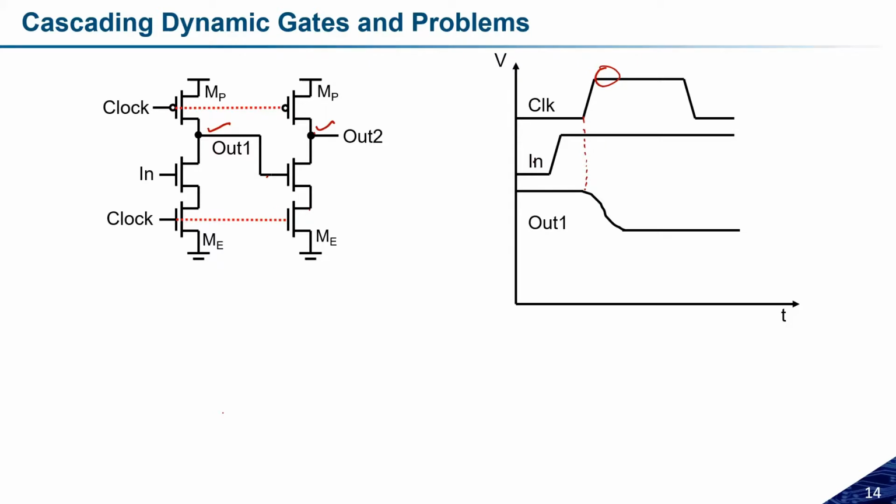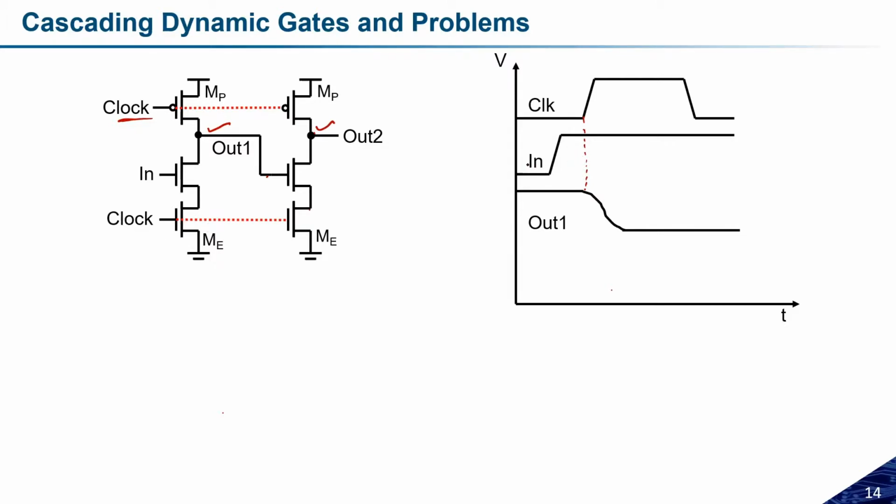But if there is some change in the input during the pre-charge phase only, what will happen? It will wait for the clock to change. Once the clock changes from low to high, the circuit will be in the evaluation phase.